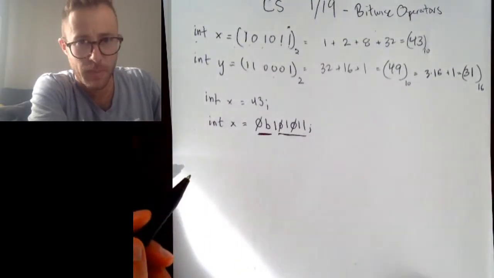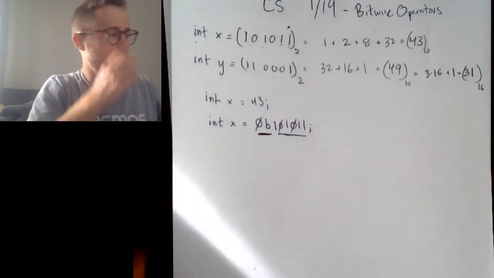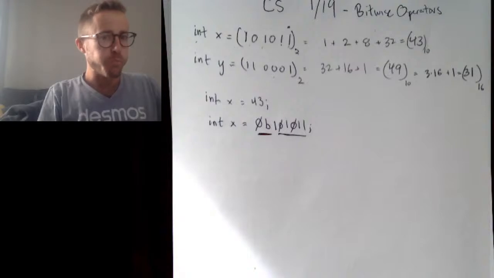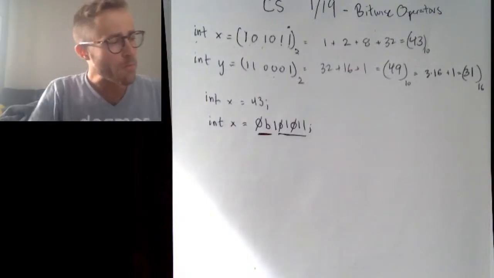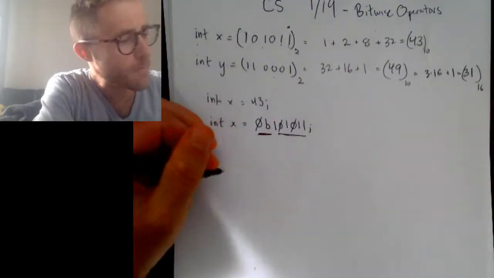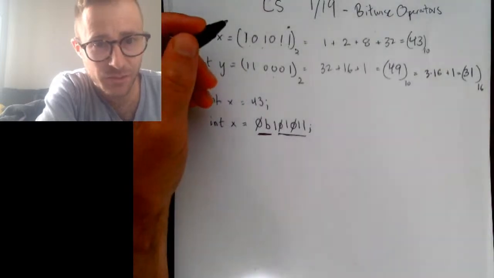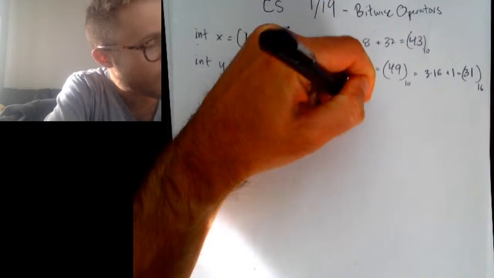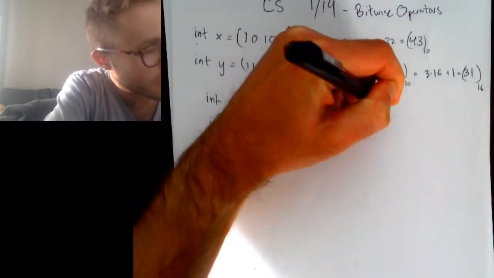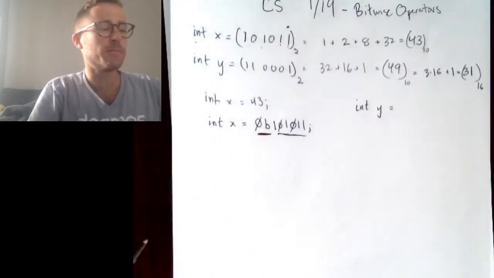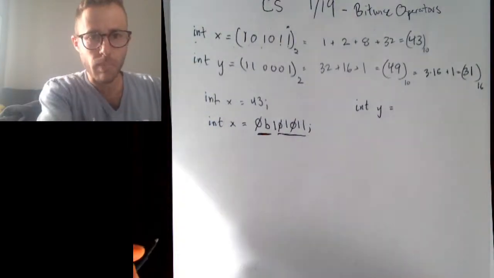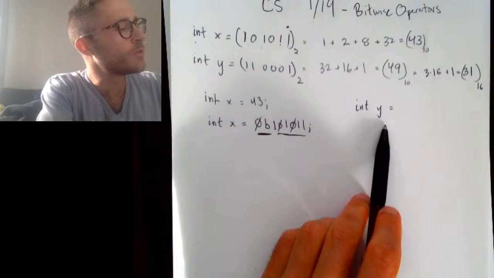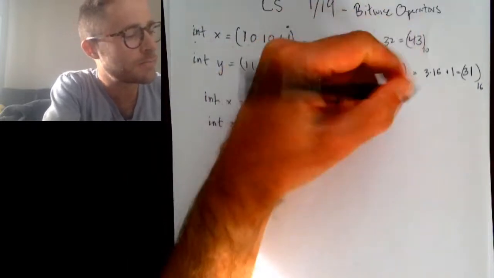Similarly, you can also define numbers in hexadecimal. So I could say int y equals 49.